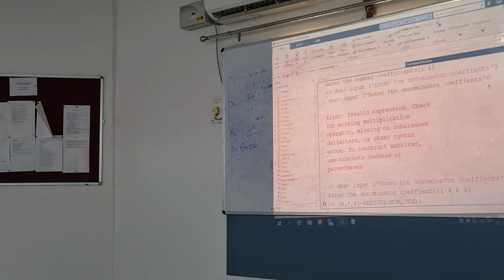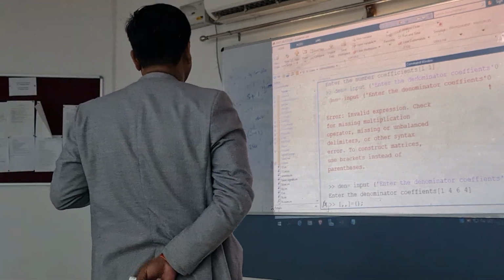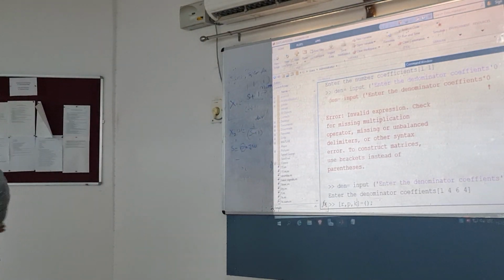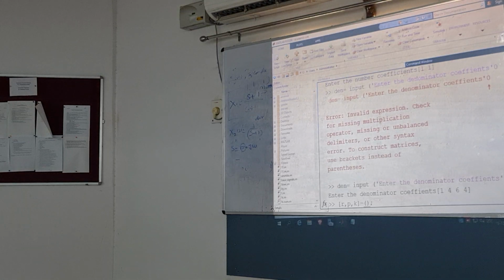Residue, you have written residue in this small. RPK suffix can be written with R, small p, and small k. This is the case sensitive. The alphabets are the case sensitive. Commands are case sensitive. You have written in the small letters.